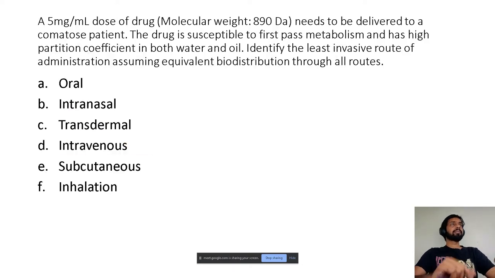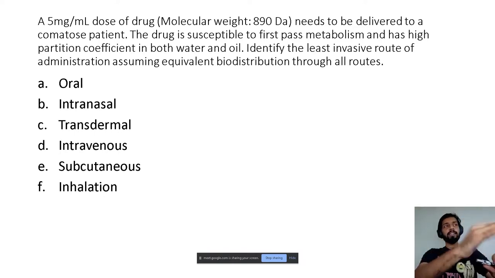A 5 mg per ml dose of a drug, with molecular weight 890 daltons, needs to be delivered to a comatose patient. The drug is susceptible to first pass metabolism and has a high partition coefficient in both water and oil. Identify the least invasive route of administration, assuming equivalent biodistribution through all routes. Inhalation, intranasal, and transdermal can all be given, since it's less than 1,000 daltons.